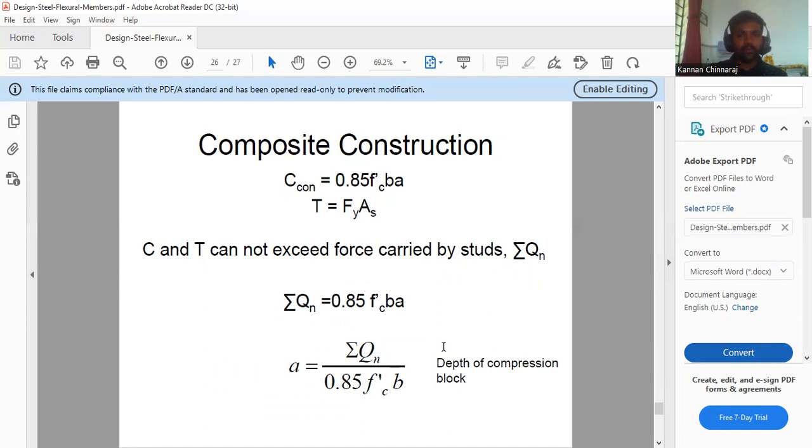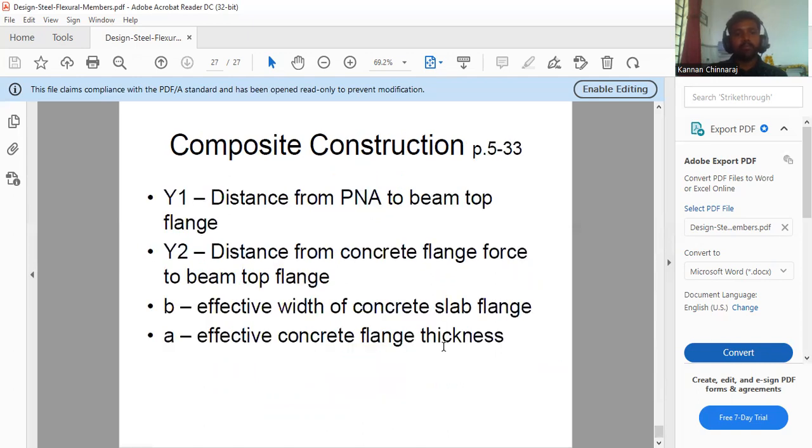Summation of Qn equals 0.85 fc' b a, where a equals summation of Qn divided by 0.85 fc' into b. In composite construction, Y1 equals the distance from PNA to the beam top flange, Y2 equals the distance from the concrete flange force to the beam top flange, b equals the effective width of the concrete slab flange, and a equals the effective concrete flange thickness.